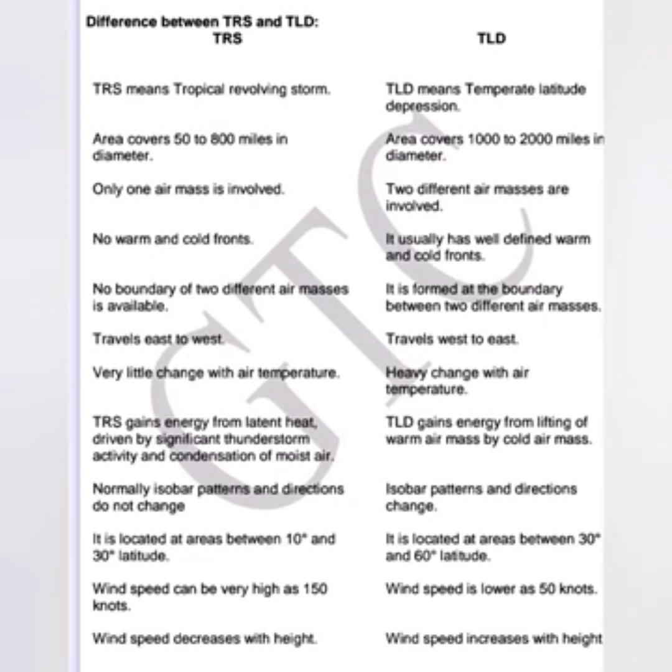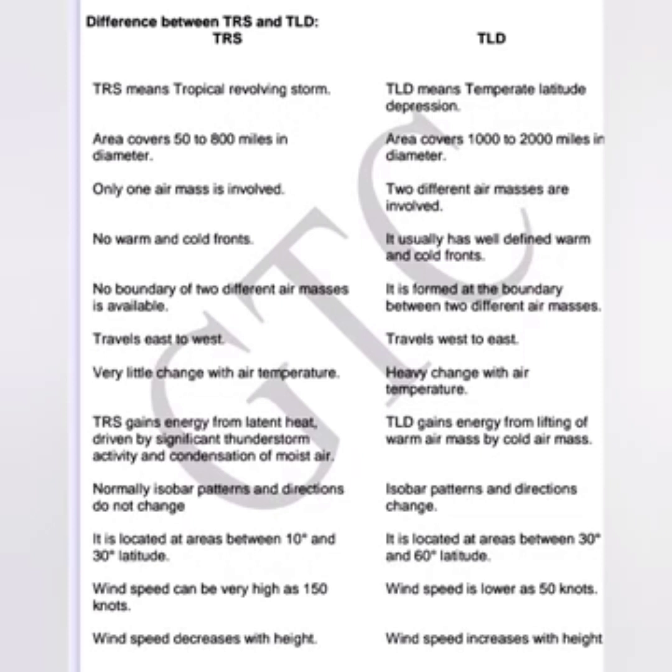In TLD, there are two air masses involved, and because of this, there is a lot of temperature variation as you pass through this. However, in TRS, there is only one air mass involvement, so not much of a temperature difference. And TRS travels from east to west, while TLD travels from west to east.